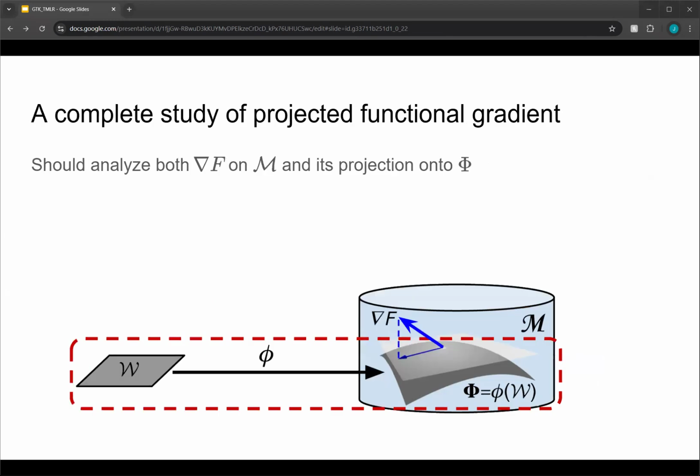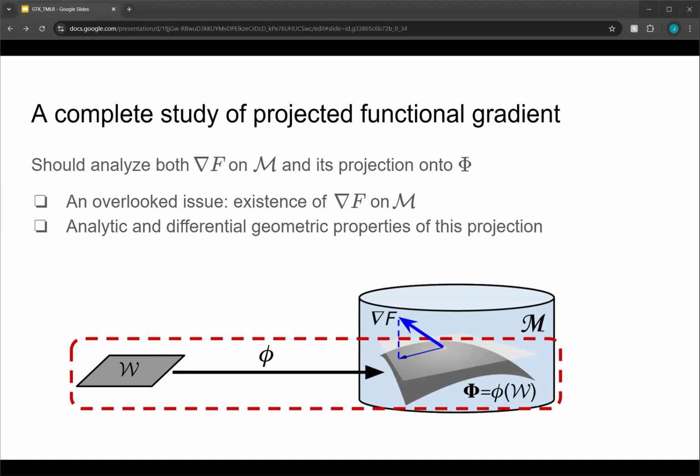In this work, we provide a more complete study of projective functional gradients, which analyzes both the gradient of F on ambient space M and its projection onto embedding Phi, before pulling it back to W. In particular, we first discuss an overlooked issue regarding the existence of grad F on the ambient space M. After addressing this issue, we then study carefully the analytic and differential geometric properties of the projection of grad F from M to the tangent space of Phi.